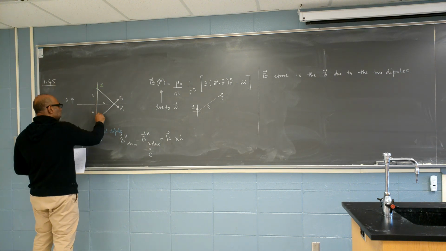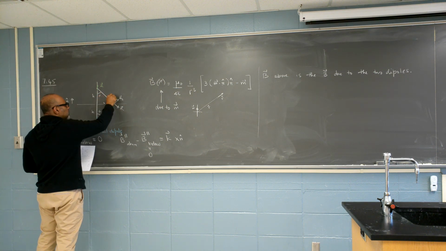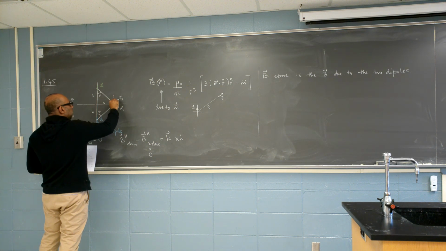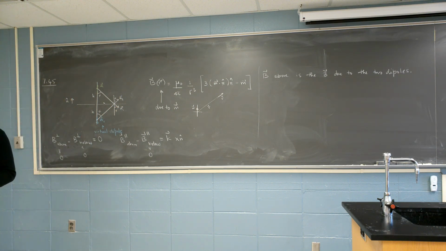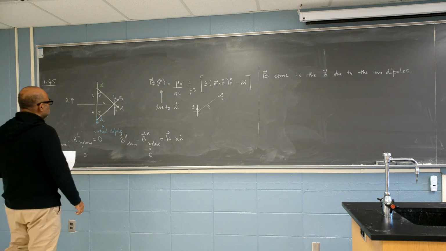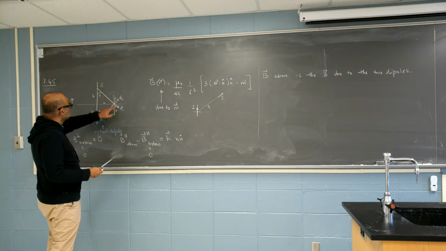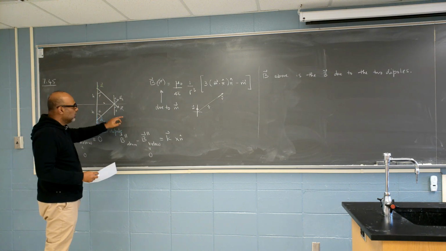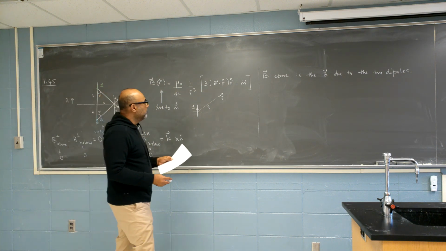This angle is chi, so this is also chi, which means this angle is chi. That's too many labelings. It's a bit tight, but there it is. Can you all see? Because these are two parallel lines and this is a transversal cutting them, this angle is the same as that. This angle is the same as that. Okay? So then B at the interface.